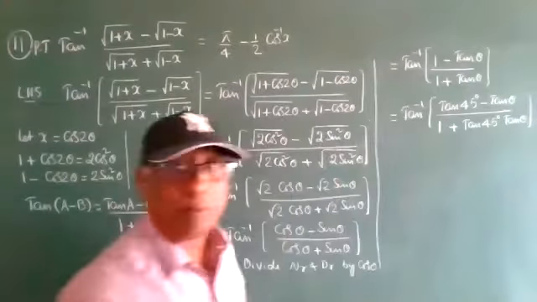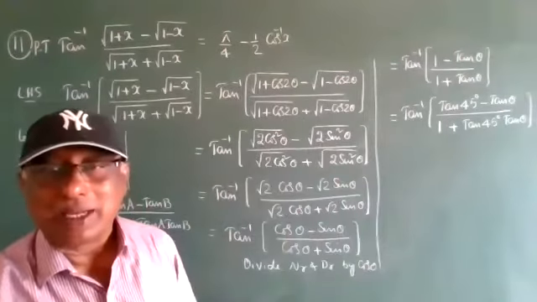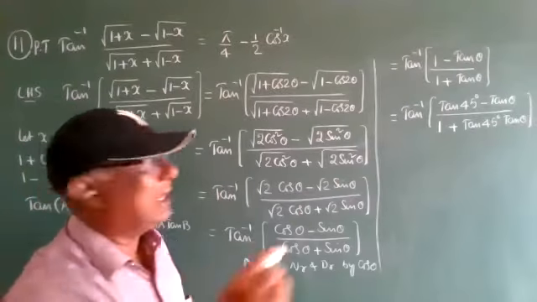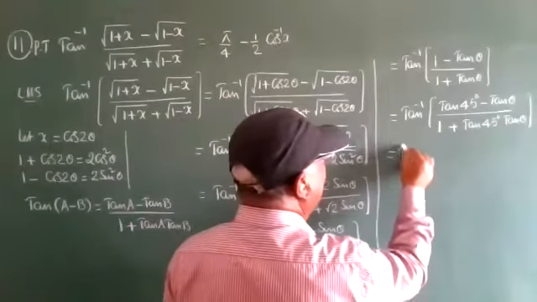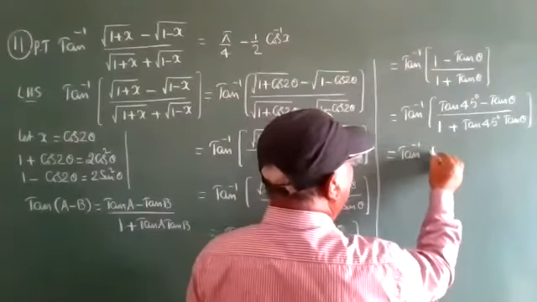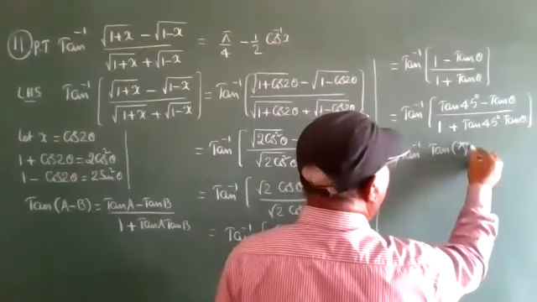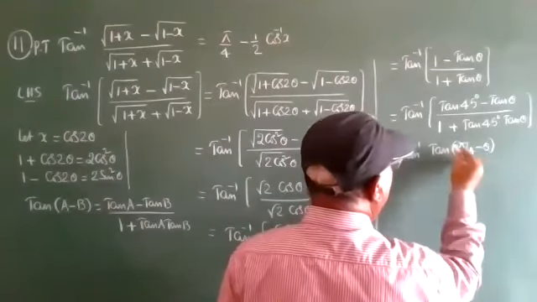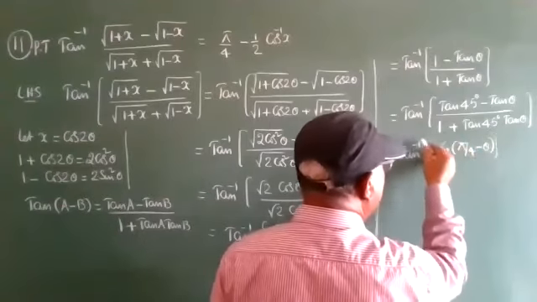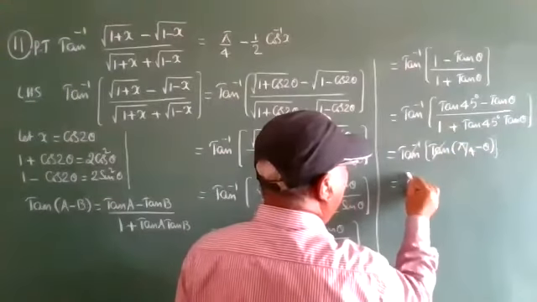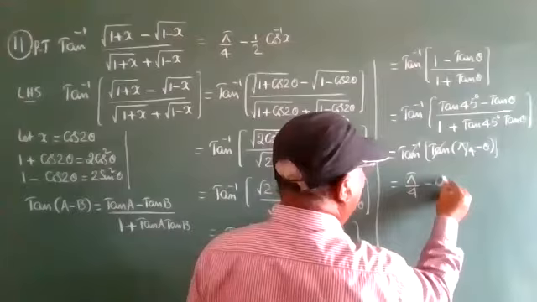Now it is in the formula of tan A minus B. Tan inverse of tan of (45 minus theta), so tan and tan inverse cancel. Pi by 4 minus theta.